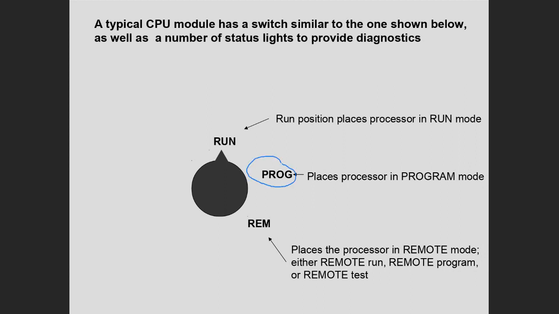Once you get the program set, there'll be some kind of button for you to press or click to move that program from the programming device to the actual PLC. And once that's done, if you want to, you can disconnect the programming device. You don't need it anymore. However, you've got to make sure that you change this switch or whatever mechanism they have from program over to run.